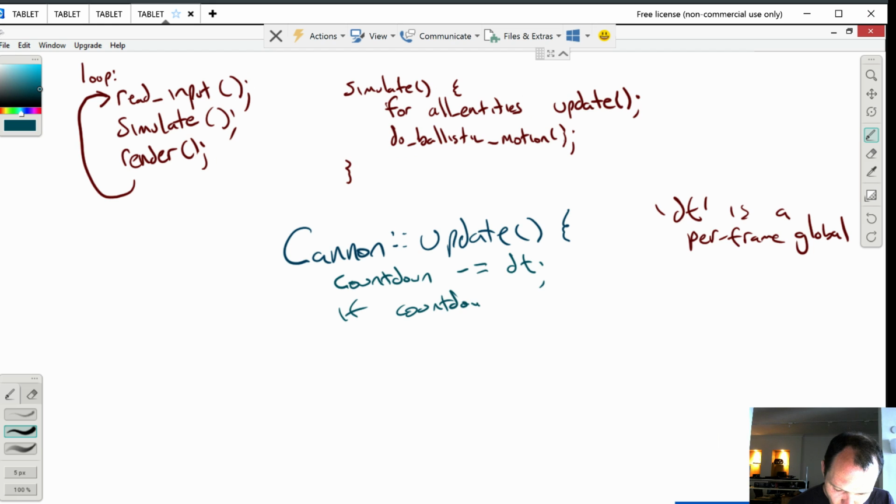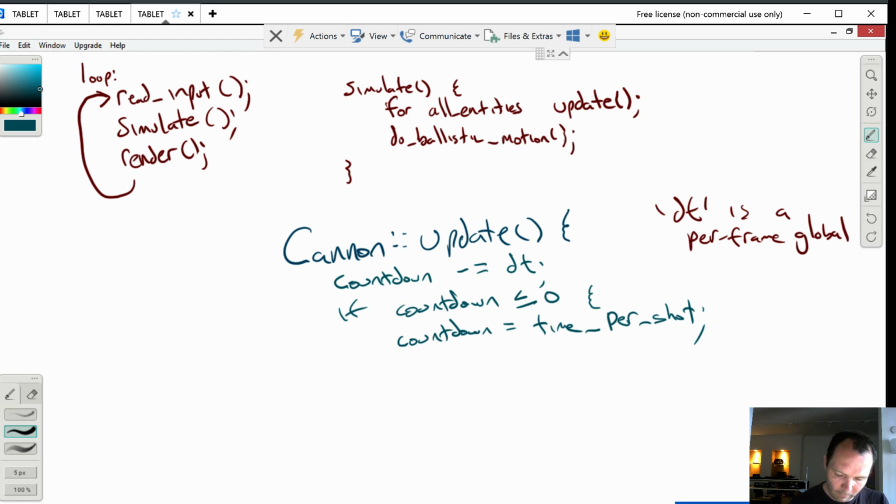If countdown is less than or equal to 0, then you reset the countdown, right, countdown equals time per shot. Like in Braid, the cannons fire on a fixed interval.